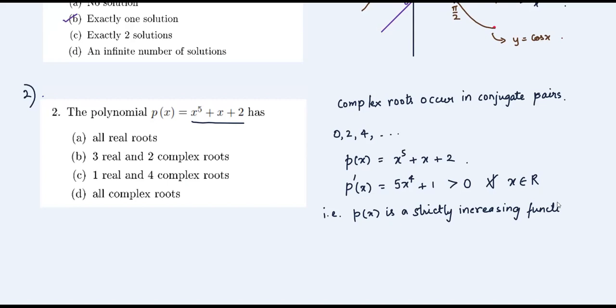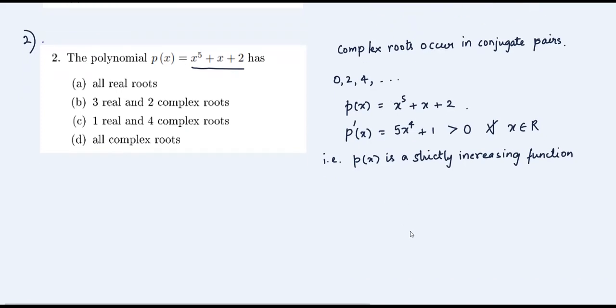Correct? A strictly increasing function will never come back. So now where exactly is the root? We can say p of 0 is 2.